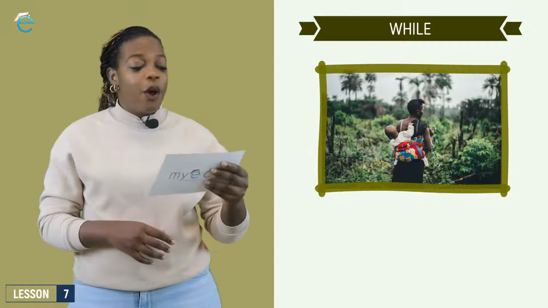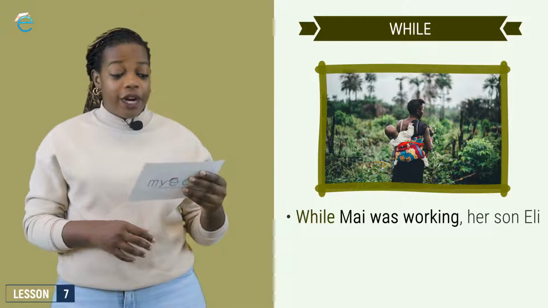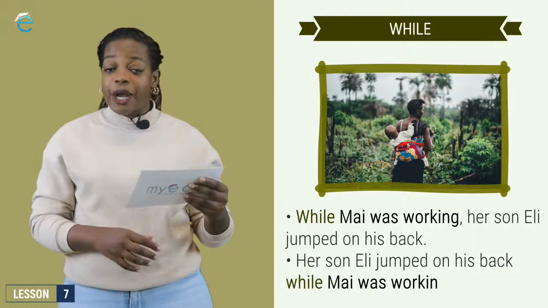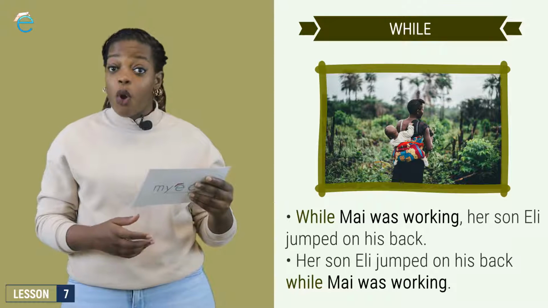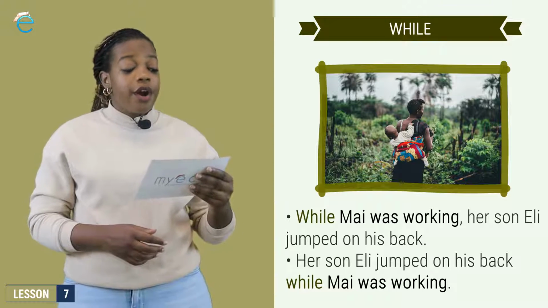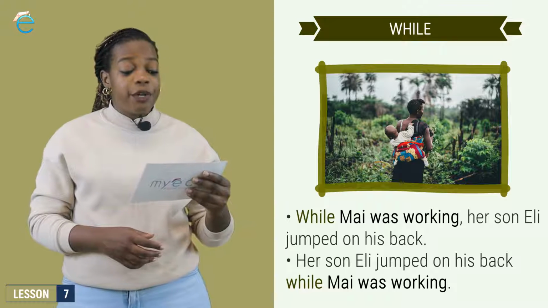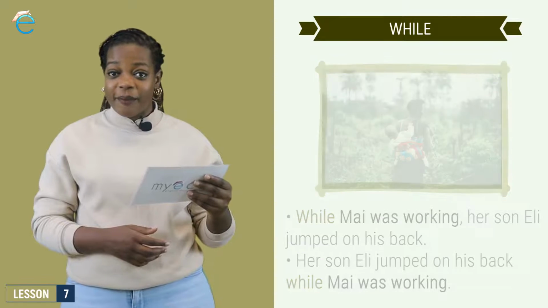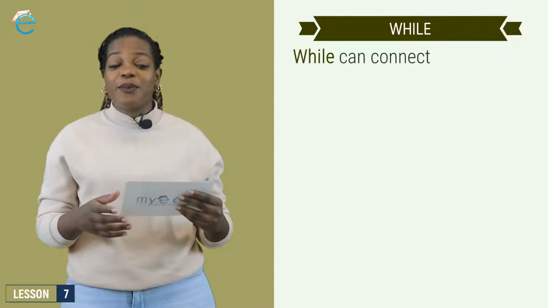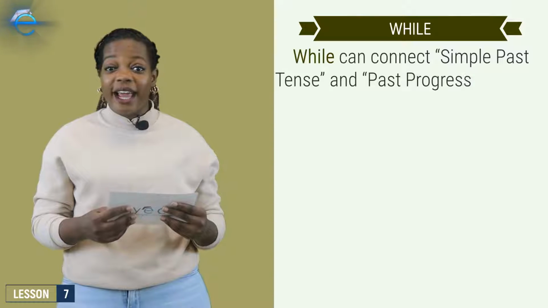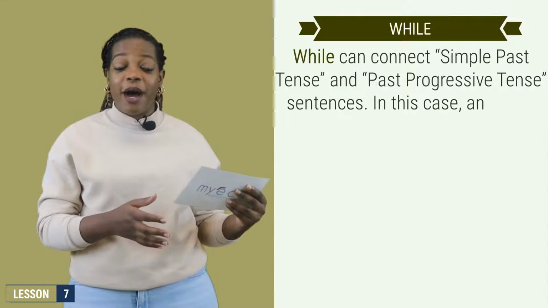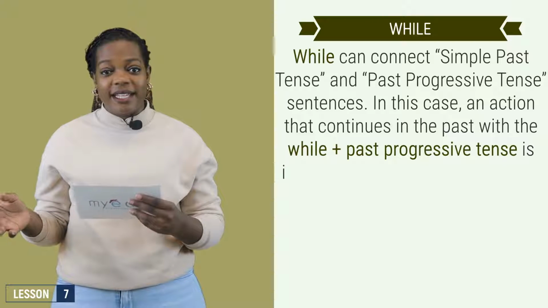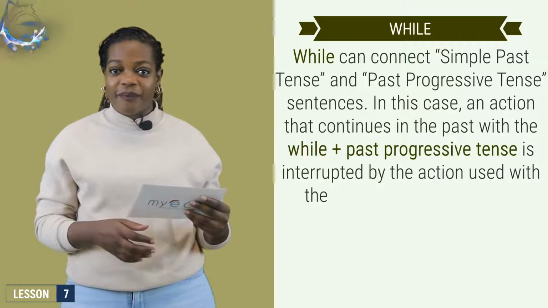Next example, while Mai was working, her son Eli jumped on her back. Or, her son Eli jumped on her back while Mai was working. In this case, we can see that while can connect a simple past tense and a past continuous tense sentence together.